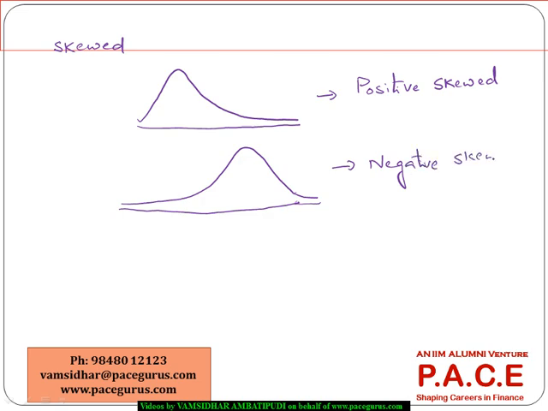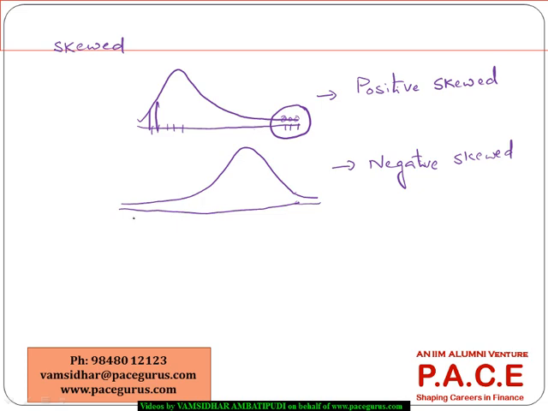What does it mean? If I look at this, the frequency is very high for the smaller values, but there are some very large values for which the frequency is much smaller, because this is a frequency distribution curve. So we can say that there are more frequent but small losses, whereas less frequent extreme gains.